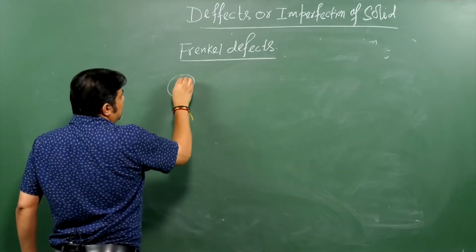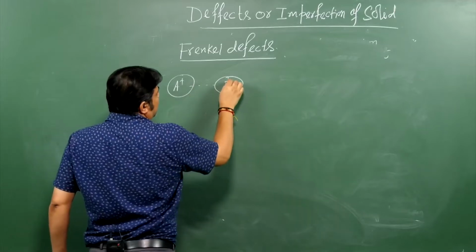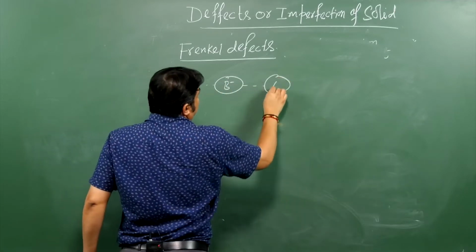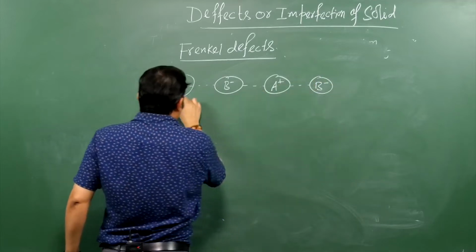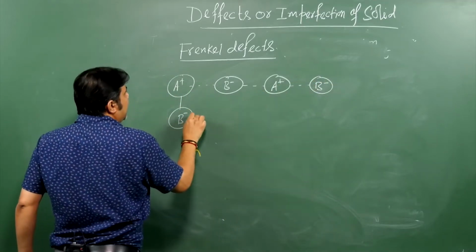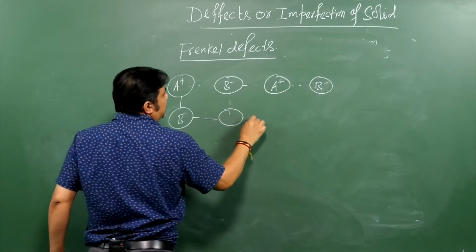Suppose cation, anion, cation, it is also for an ionic solid, and anion, and this will be anion, and here will be a cation which is missing from its site.